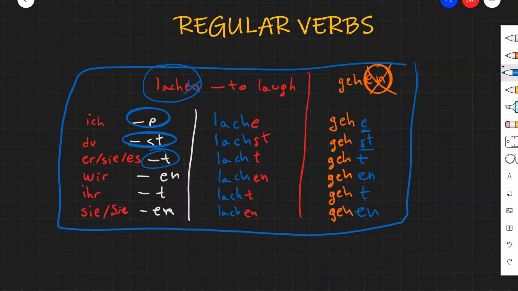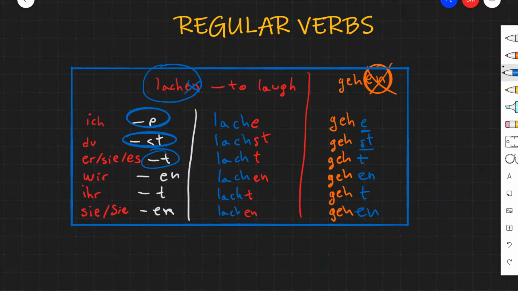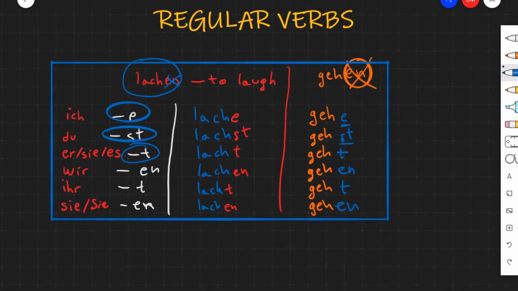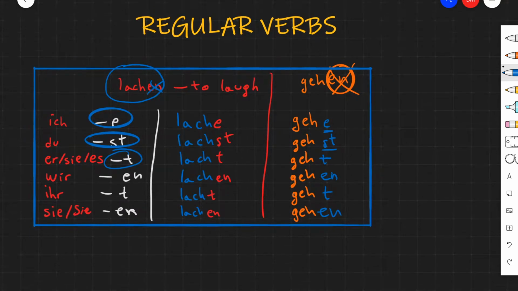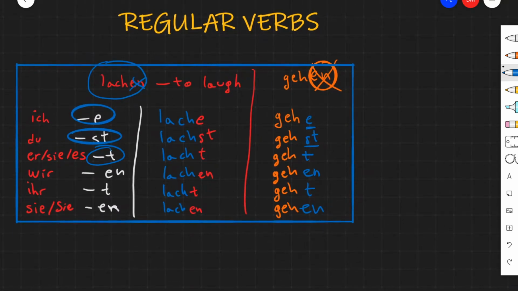So now we had two examples of how to conjugate regular verbs in German. So I'd like you to go out of your way and make a little time for yourself after this video ends and just try and conjugate a few regular verbs.